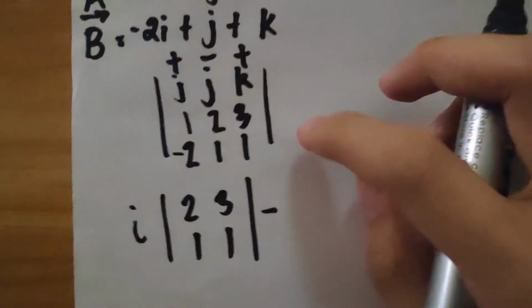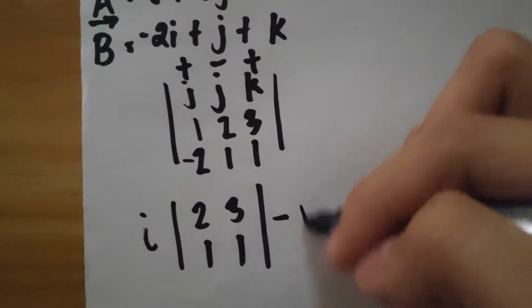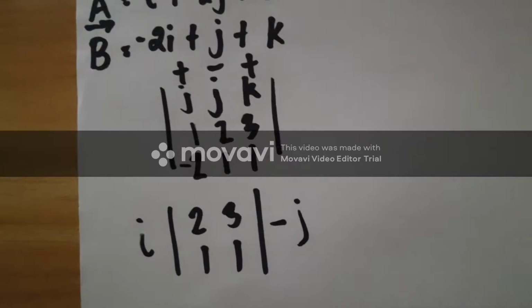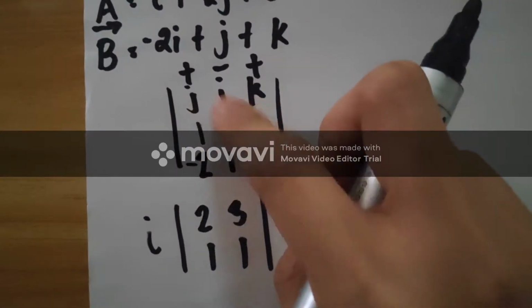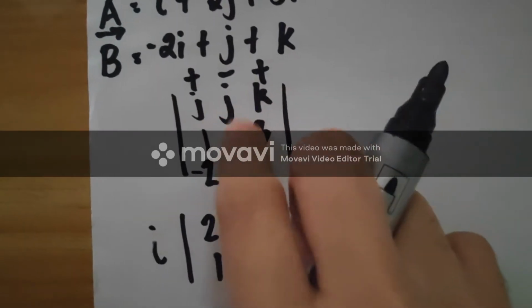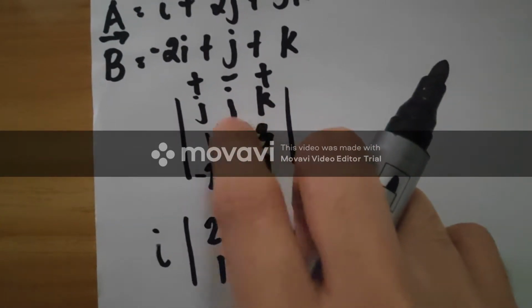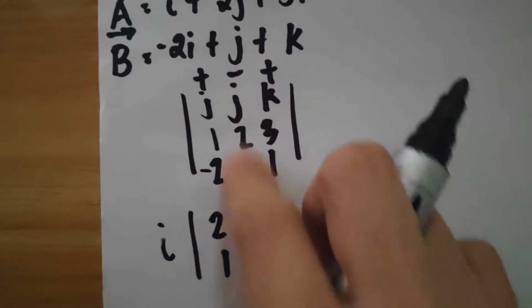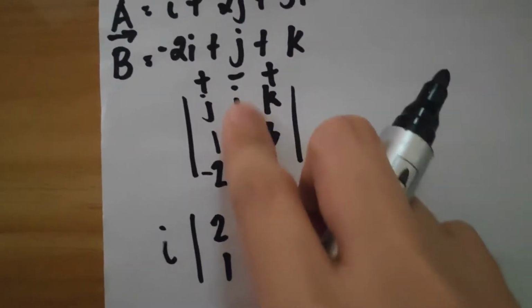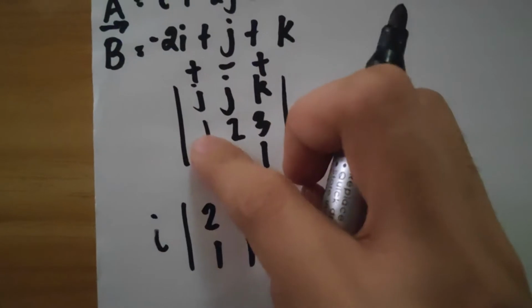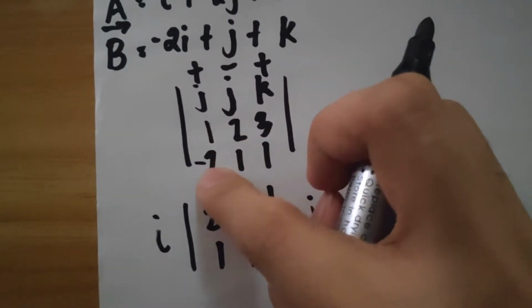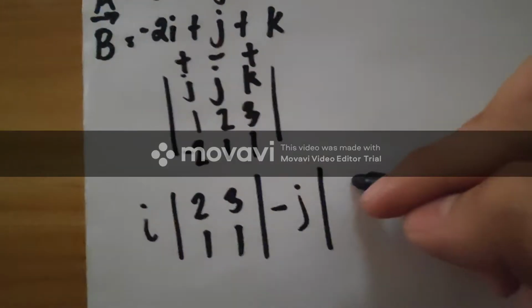So to get the j, we simply negate the first row and the second column. We can see here, j is positioned here, so we need to negate that column. So what we have is 1, 3, and -2, and 1.